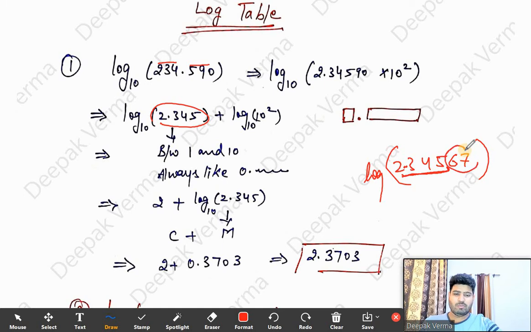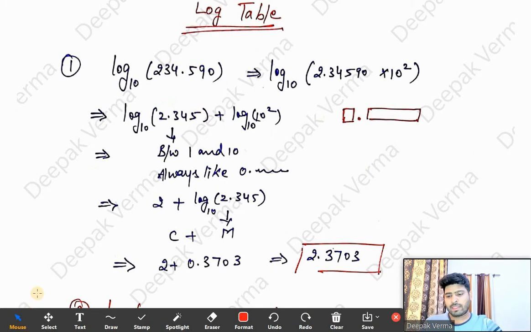We can remove the last 2 digits, we have no use of them. We will be using only the first 4 digits. Is it clear? Okay, fine.